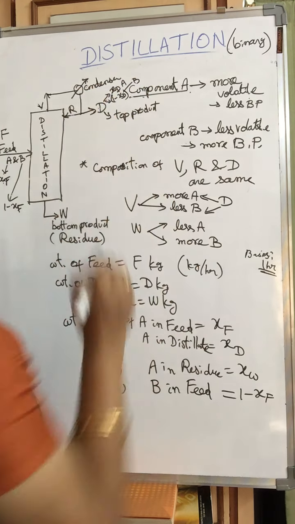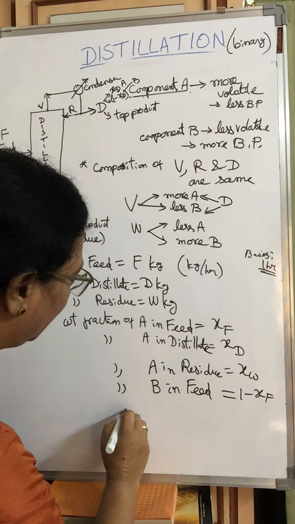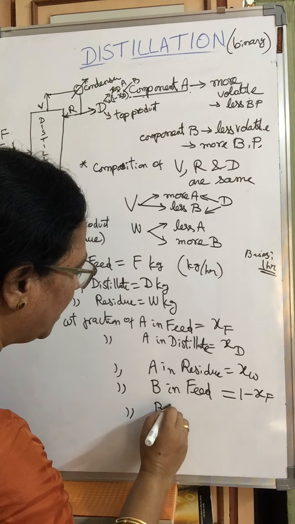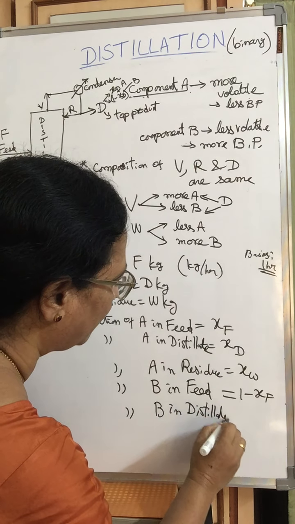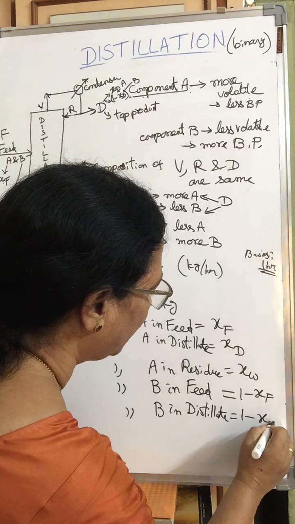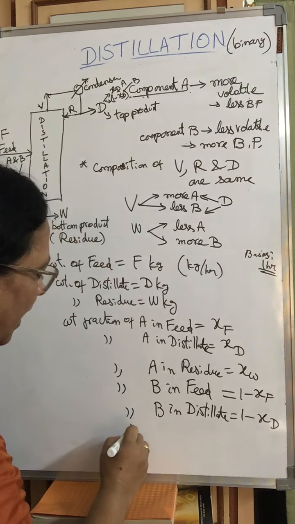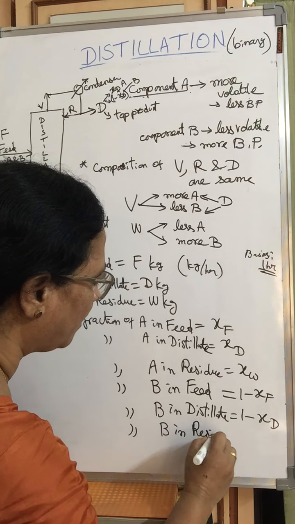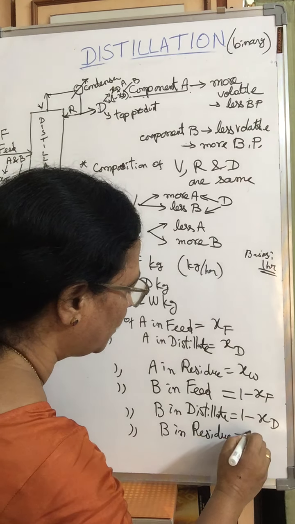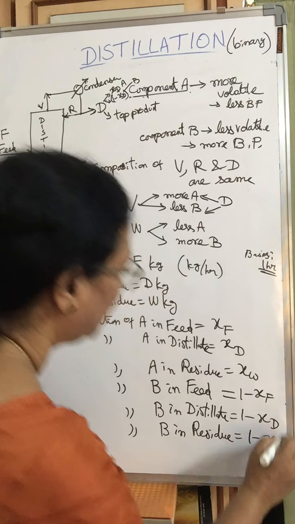Okay. So weight fraction of B in distillate is equal to 1 minus XD, and weight fraction of B in residue is equal to 1 minus XW.